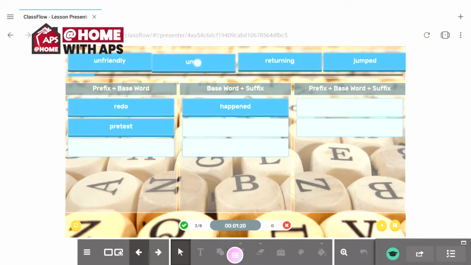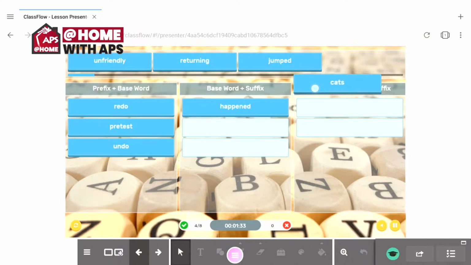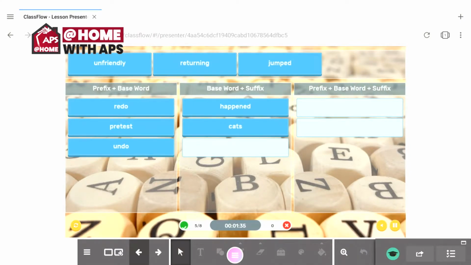So there is a prefix in front of the base word. Next, I'm going to go for this word, cats. Cat is the base word, so there's a suffix. Jumped. The base word, jump. And then there's a suffix.